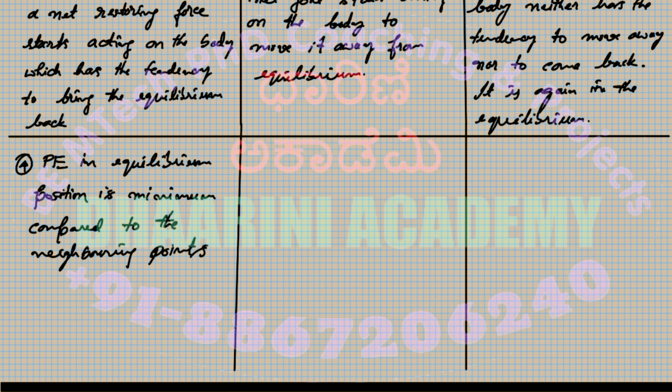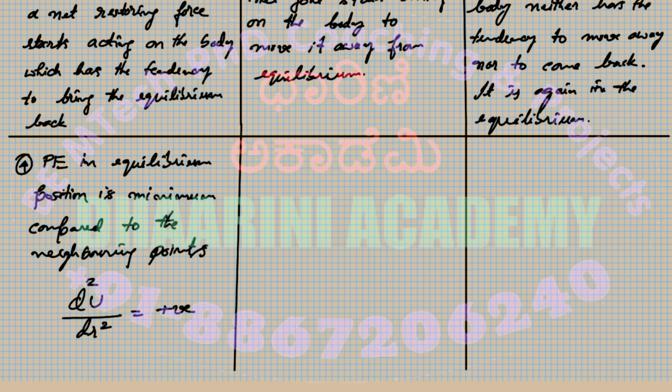So whenever a point is minimum, this is what is the equation. The d square u by dr square, double differentiation, has to be a positive quantity. Just to identify whether it is a stable equilibrium, differentiate u with respect to r twice, and if you get a positive answer, yes, it is the stable equilibrium.